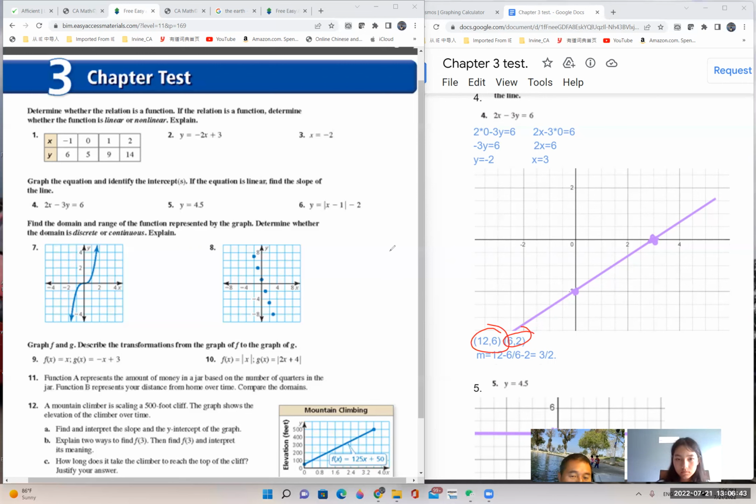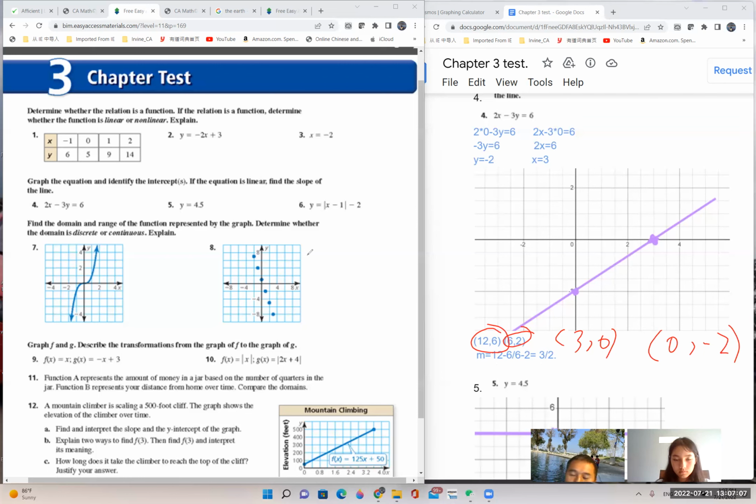Okay, actually from the intercept, you already get 2 points. You can write it clearly. 1 point is x-intercept. It means x equal to 3, y equal to 0. Another point is x is 0, y is -3, right?